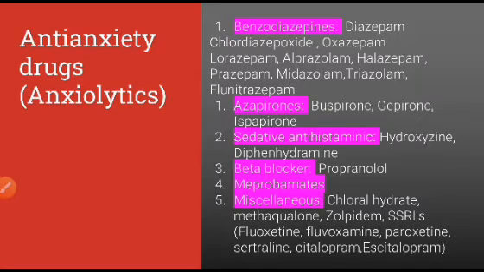Miscellaneous drugs are also there, which are not directly anxiolytics, but they do that job because of some similarity in mechanisms. For example, chloral hydrate, methaqualone, zolpidem, and SSRIs: fluoxetine, fluvoxamine, paroxetine, sertraline, citalopram, escitalopram. These are examples of selective serotonin reuptake inhibitors, SSRIs.